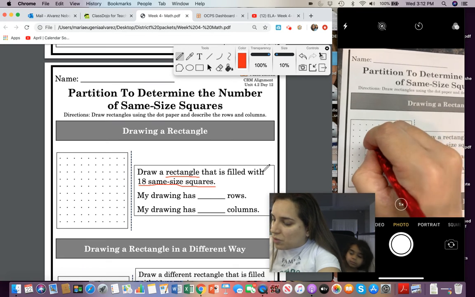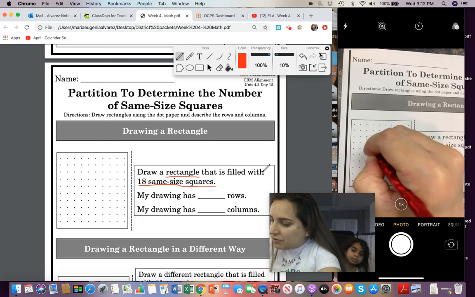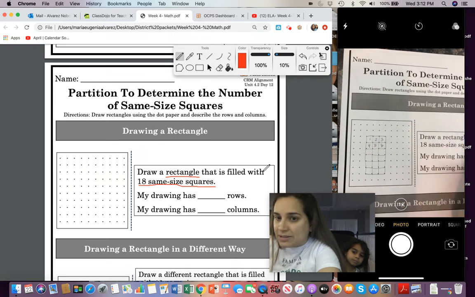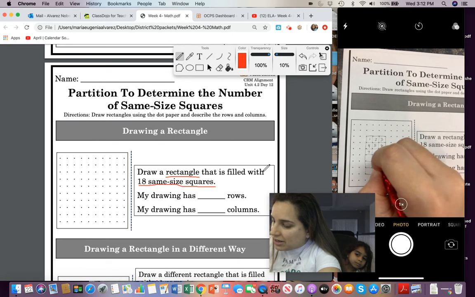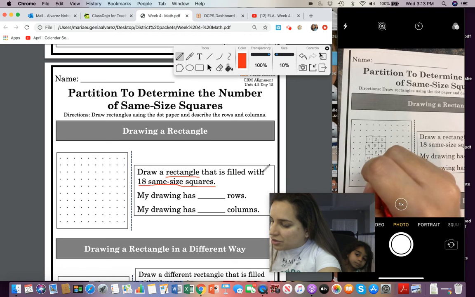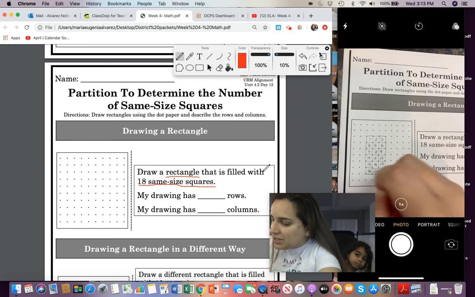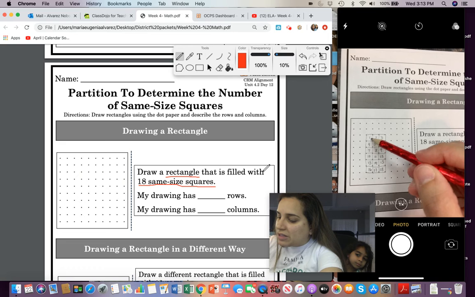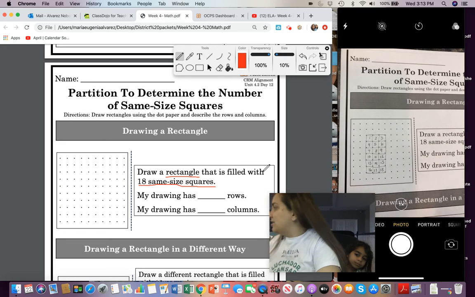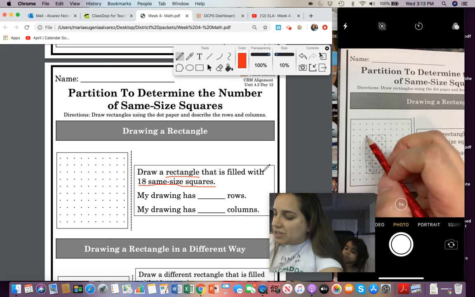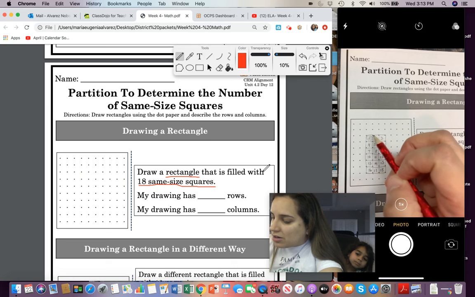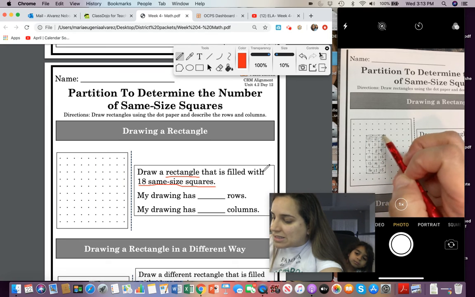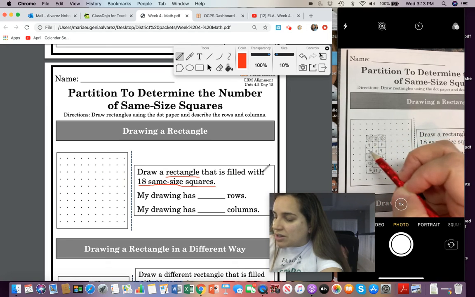So I have 1, 2, 3, 4, 5, 6, 7, 8, 9, 10, 11, 12, 13, 14, 15, 16, 17, and 18. I did it. And all of these squares are the same size.